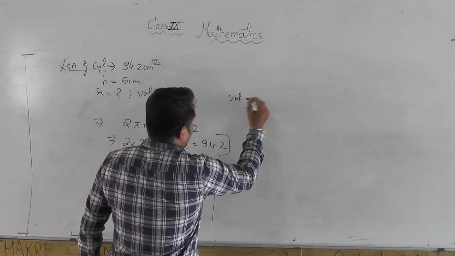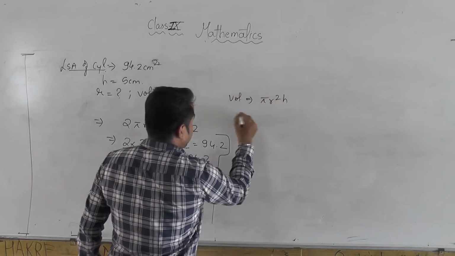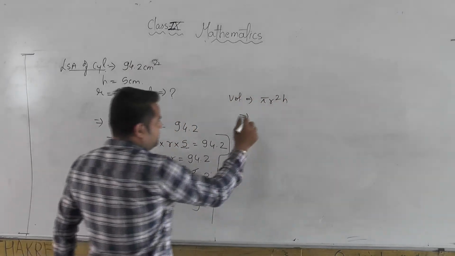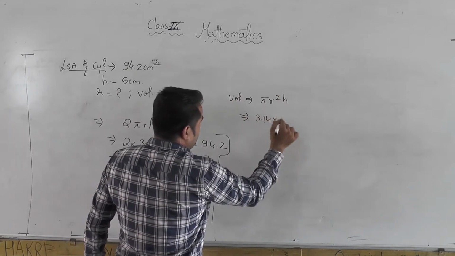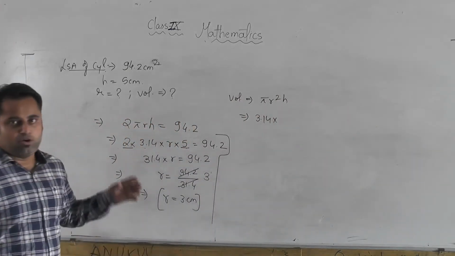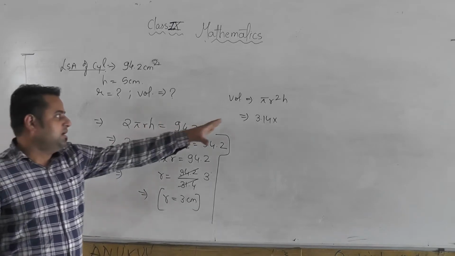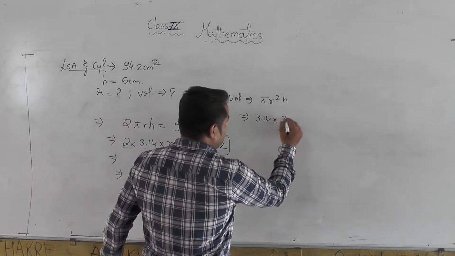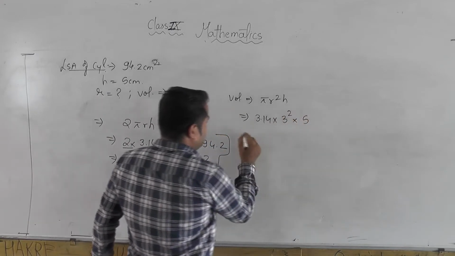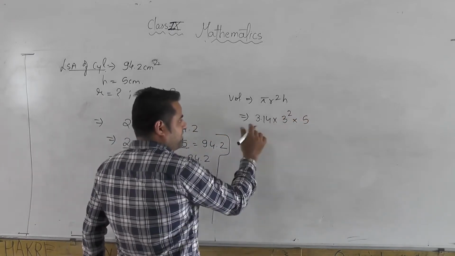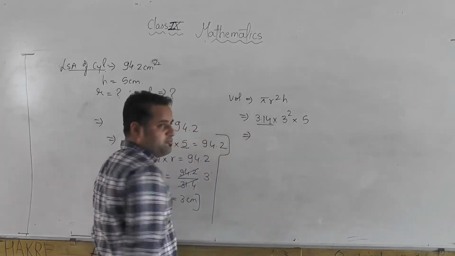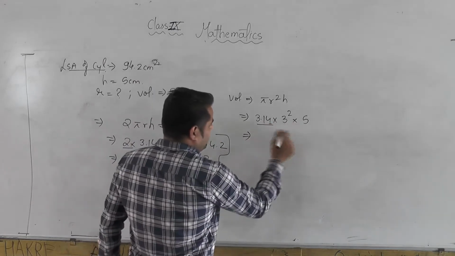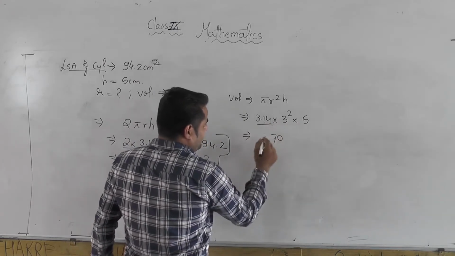Now the volume we need to find out, which is pi r square h. Again we are putting 3.14 because we know that our r and h are not multiples of 7. So here we are keeping the values 3 square and h is 5. Again we can multiply it by 5 because it is having an even number. So 5 twos are 10, 5 fives are 25, 5 threes are 15.